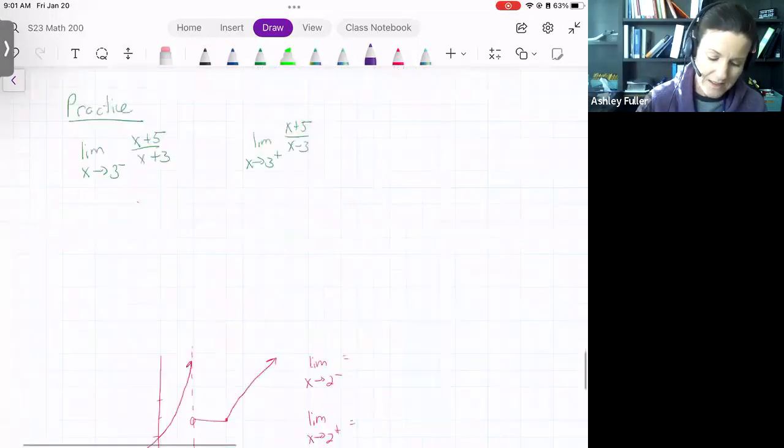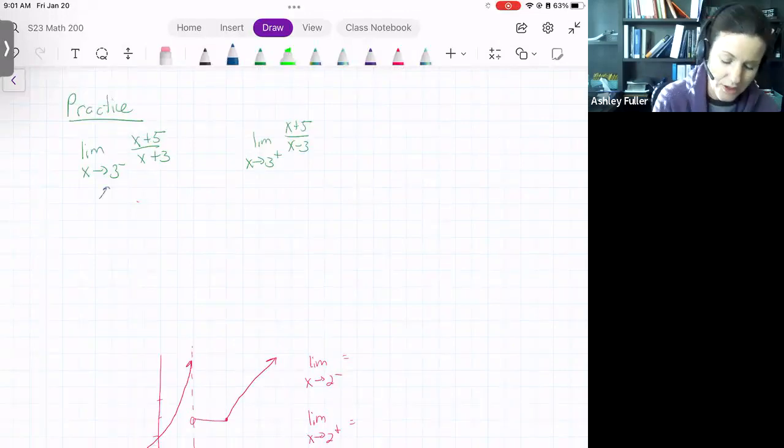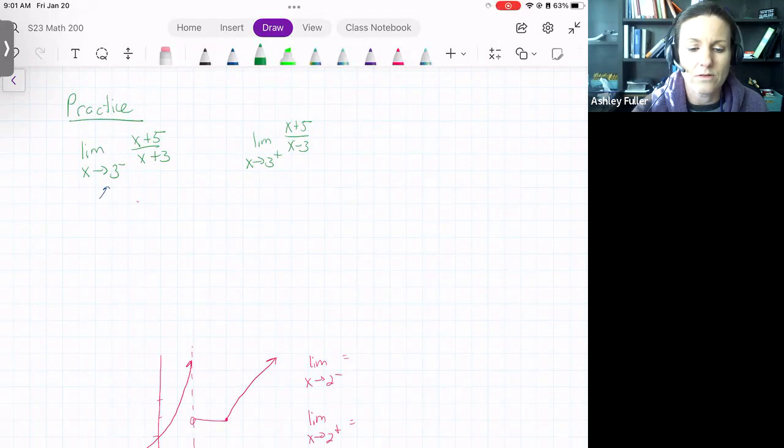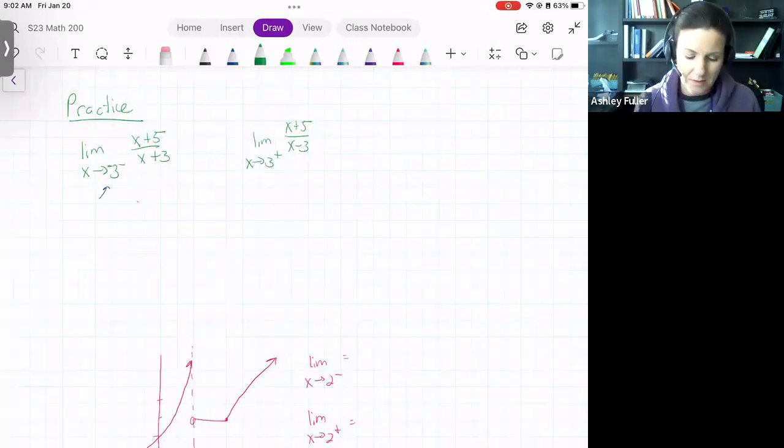As a final example of this, let's consider something like this limit where x is approaching 3 from the left. Notice, to figure out if it's a positive or negative infinity, and we're actually going to be approaching -3, my apologies.